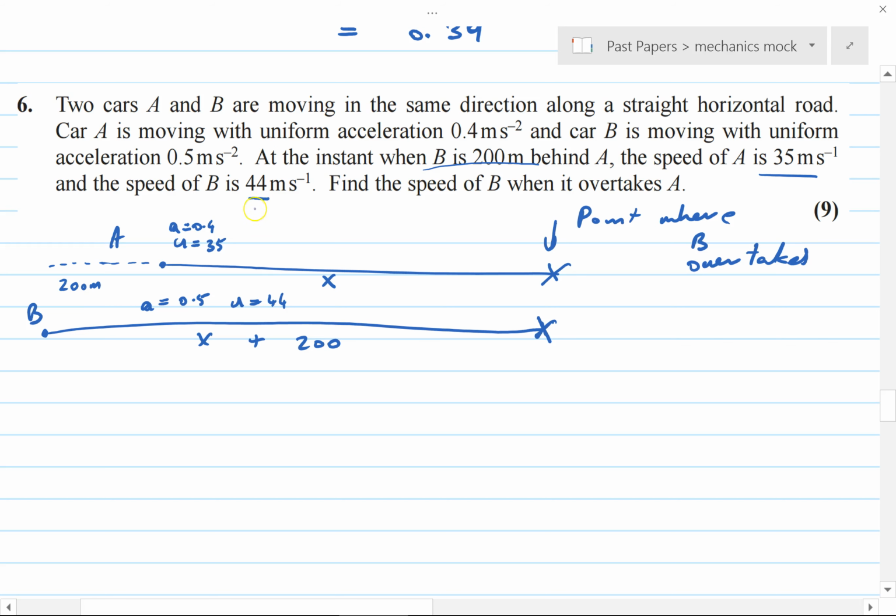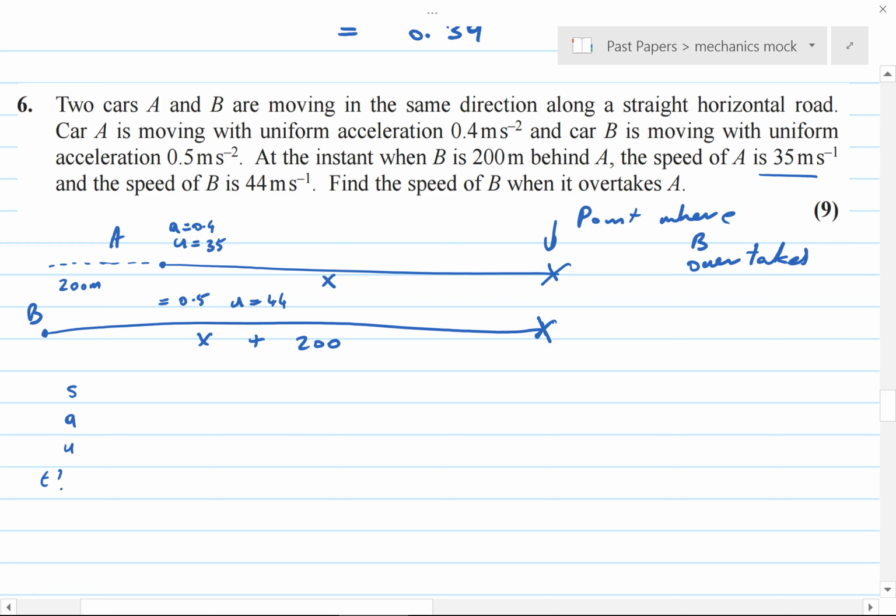So we've got these which are obviously fixed. We don't know the final velocities of either, but because we've got these two fixed and a comparison of the distance, we know that B has moved 200 meters further. We really want an equation which links s, a and u for both of them, and we can work out the time when one overtakes the other.